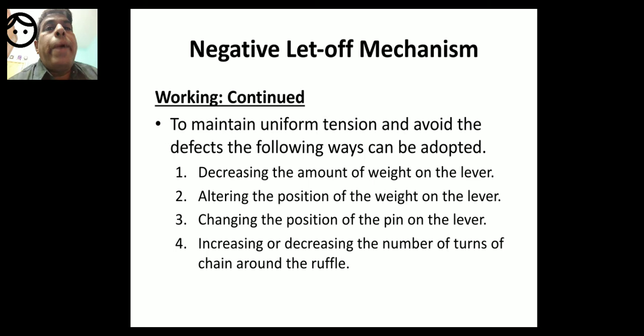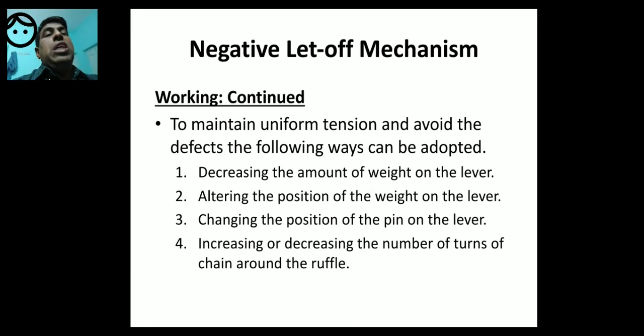So all these 4 points have to be remembered, so that uniform tension is maintained throughout the warp beam while releasing the warp to the shedding area from the weaver's beam, or while feeding the warp yarn to the shedding area from the weaver's beam.